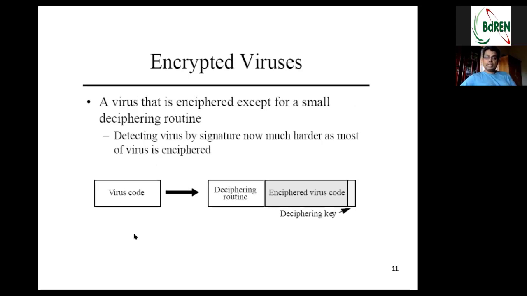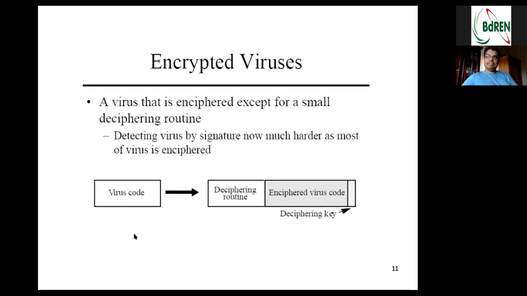Another technique virus writers use is called encrypted viruses. In encrypted viruses, they carry a small encryption header. When they want to infect, they encrypt the virus code and write the encrypted code into the next infected file.